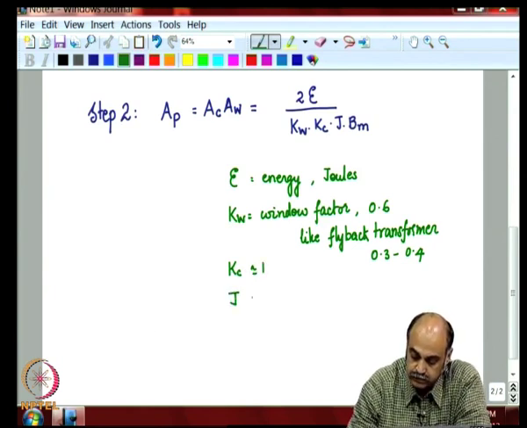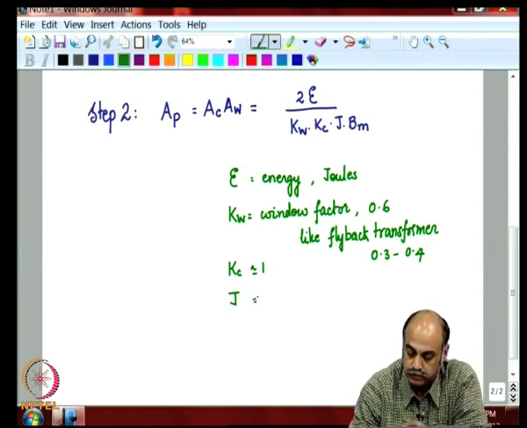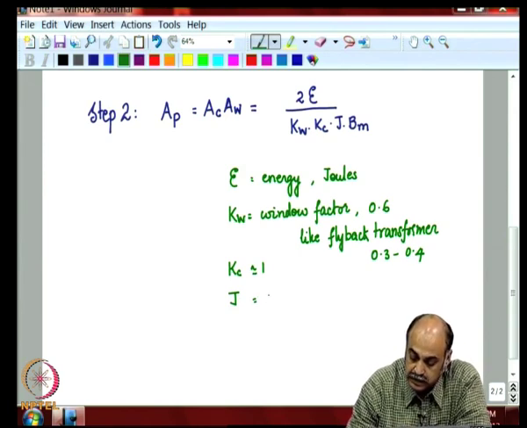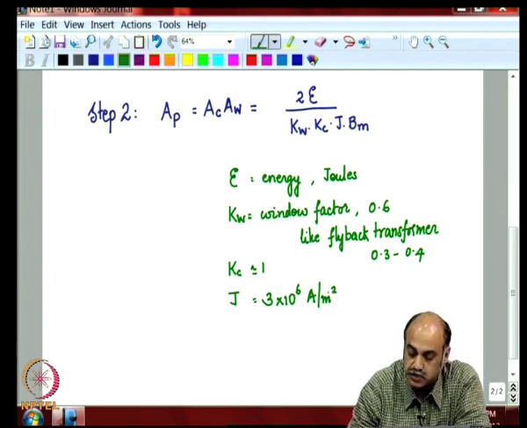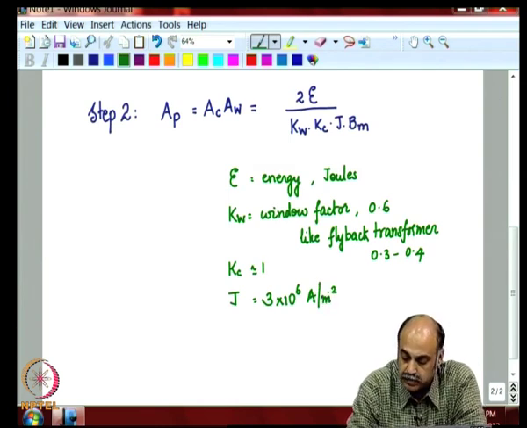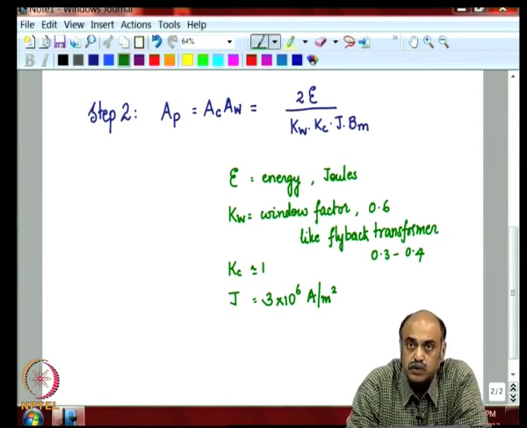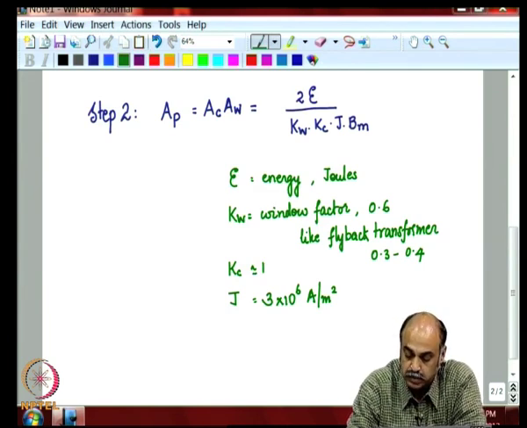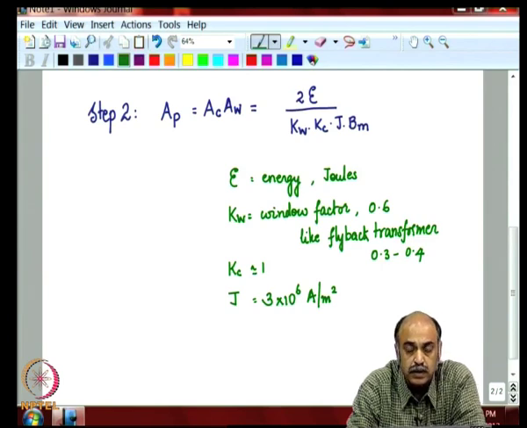J is the current density, expressed in amps per meter square. 3 into 10 to the power of 6 amp per meter square can be your starting value. Remember that this varies from 2 into 10 to the power of 6 to 5 into 10 to the power of 6 amp per meter square.